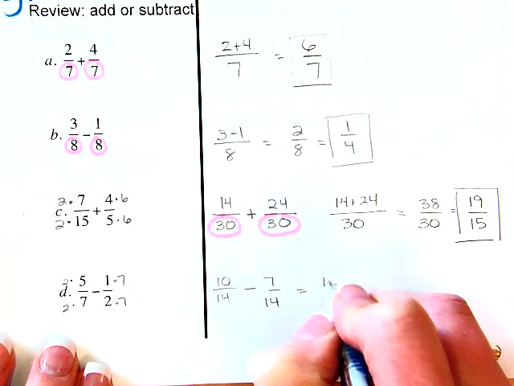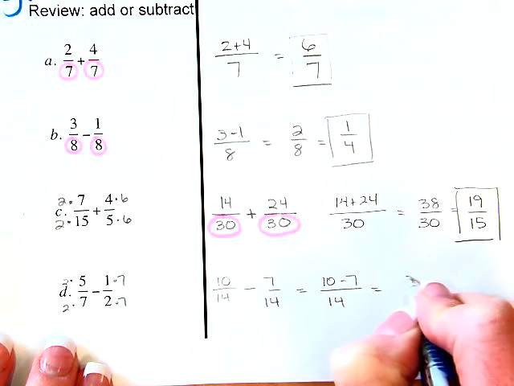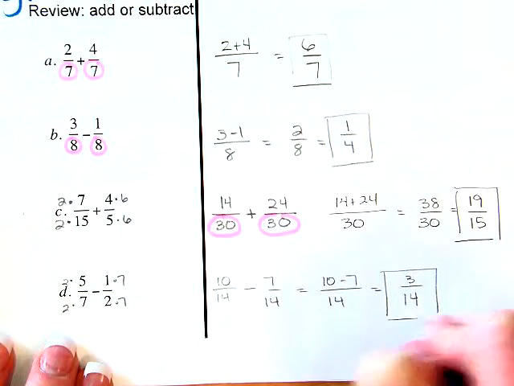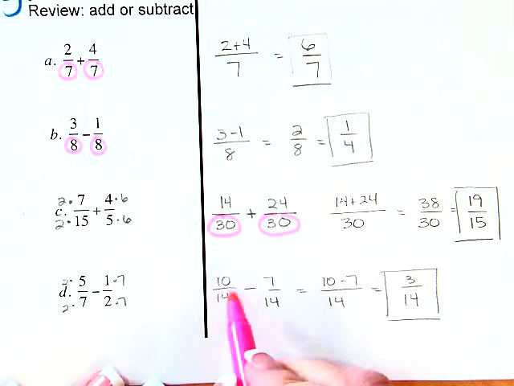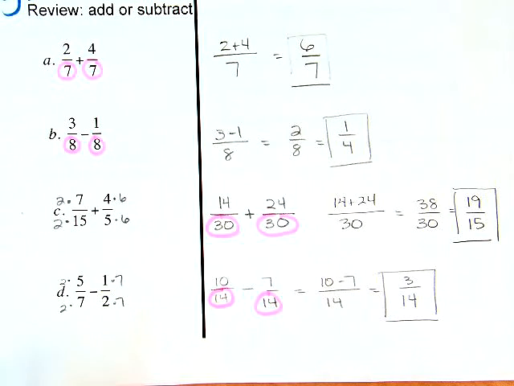Which then we do 10 minus 7 over the denominator 14, which is 3/14. That does not reduce at all. So that's the basic concept, is we need to have a common denominator before we can add or subtract.